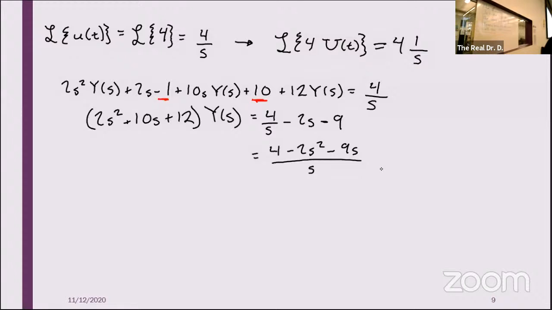How did I do it? I just multiplied my other two terms by s over s, which is legal because s over s is 1. I've not changed the value of any of those terms, all I've done is multiply by 1, but in a way that made it useful.